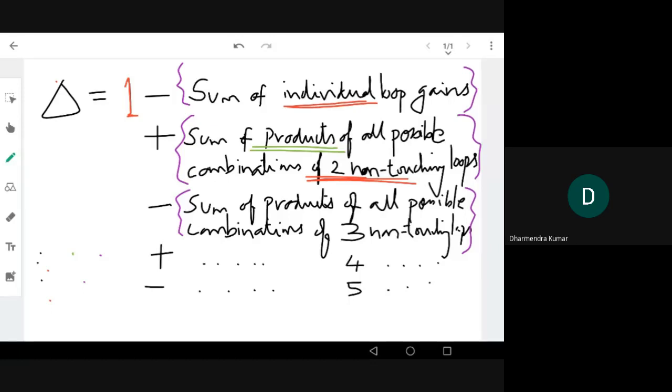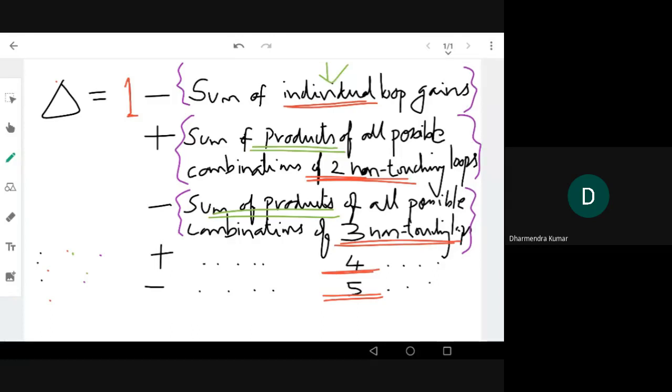Okay. Next, again we are taking the sum of all products, right? In the first case we are taking individually. Then we are saying the sum of products of all possible combinations of three non-touching loops. Then it goes on to 4, 5, etc., and we'll end at the final stage.